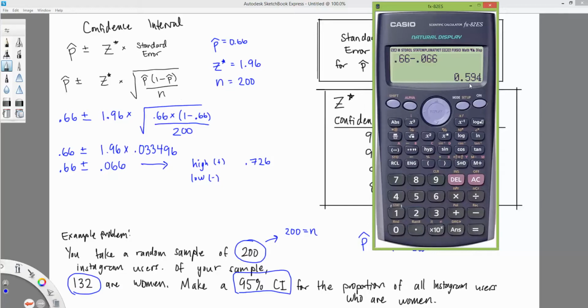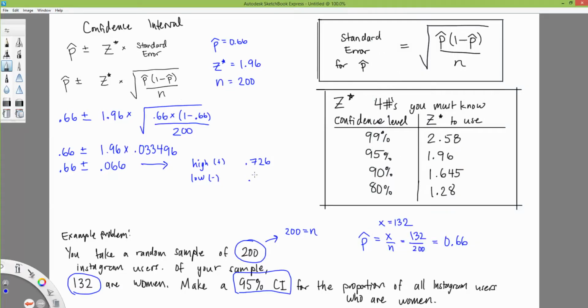And I hit enter and I get 0.594. Okay? So I would say my confidence interval is from 0.594 to 0.726. Okay? Calculation of the confidence interval. Is that okay with everybody?